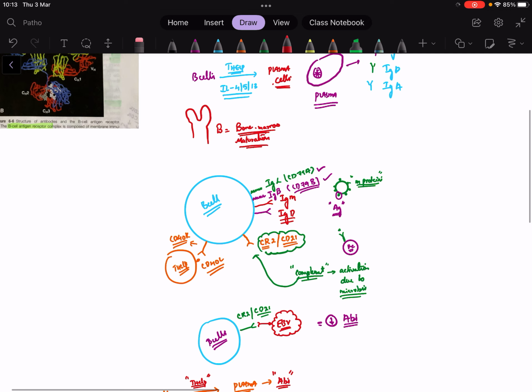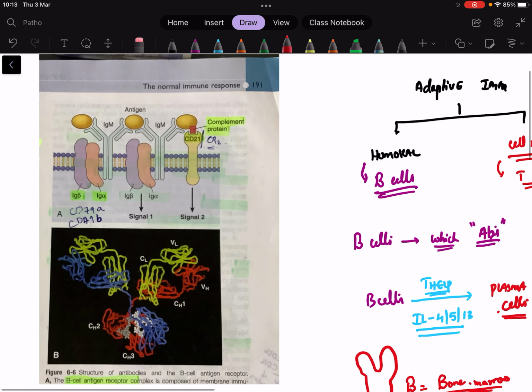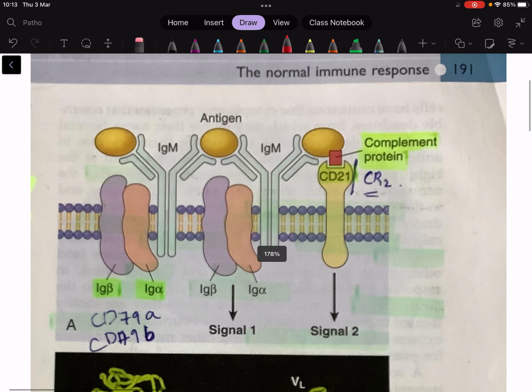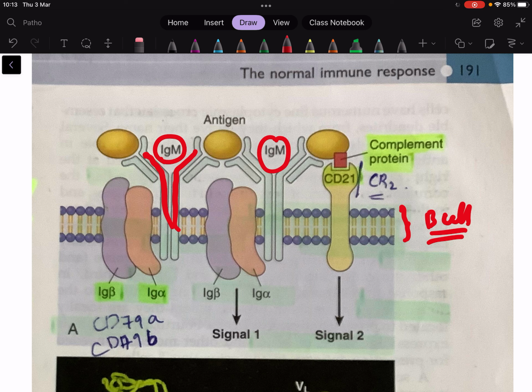Now we will see this image which is given in your pathology textbook. As you can see, there are mainly two types of antibodies present. This is the cell membrane of the B cell, and it has two types of antibodies on its membrane. One is IgM, and IgD can also be present.